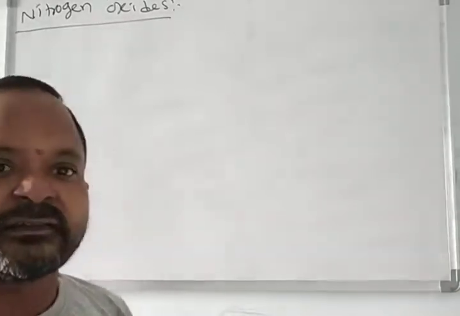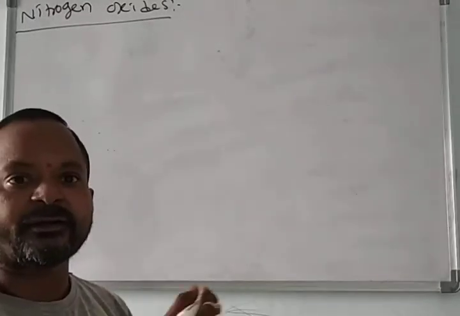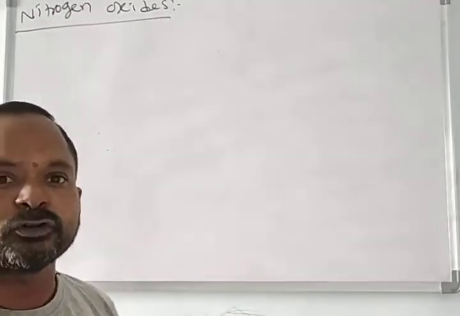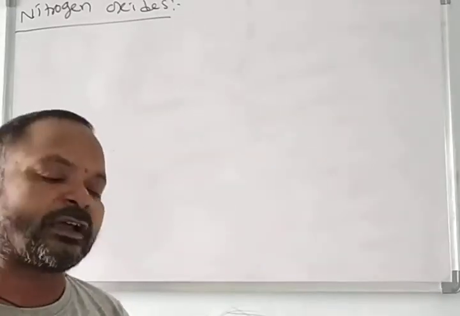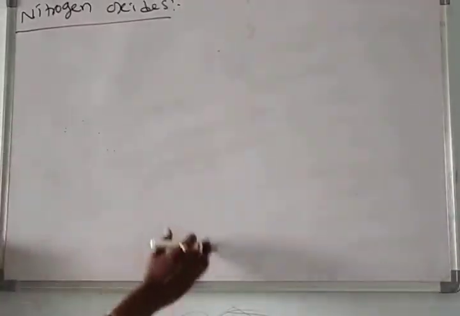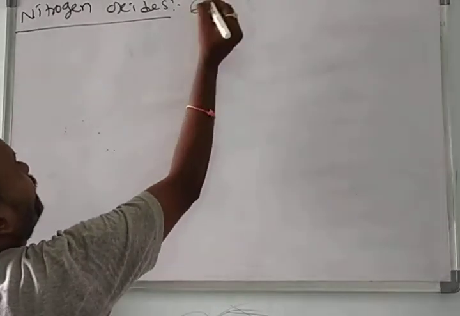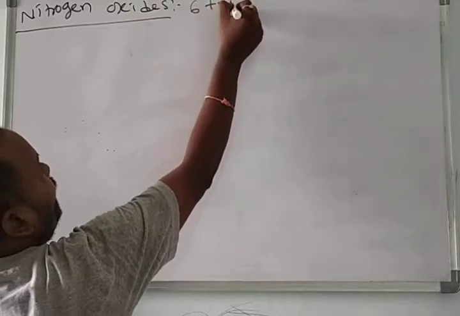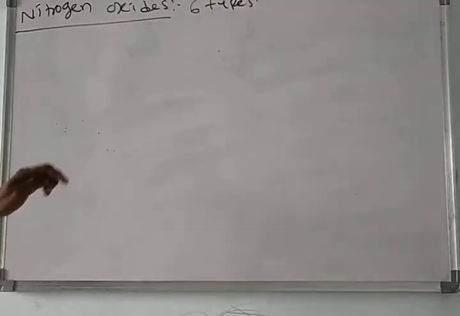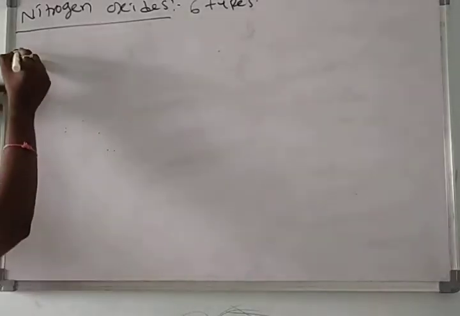That's why some books differ; in some books both are mentioned as the same. According to our NCERT, we have 6 types of nitrogen oxides.